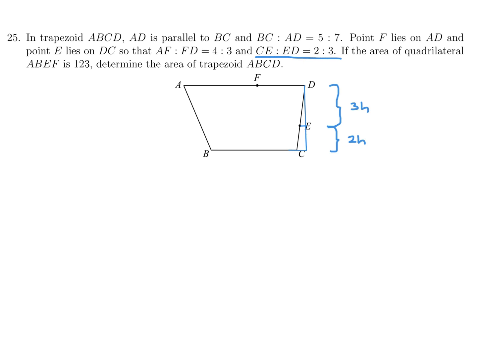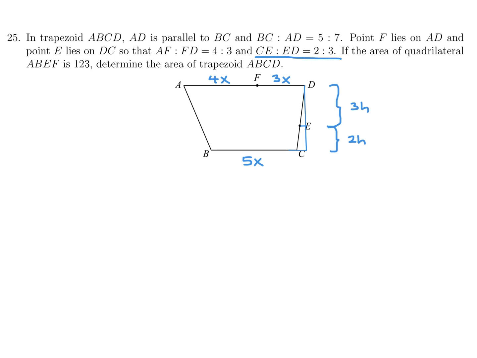And then similarly, AF to FD is 4 to 3, so I'll just call it 4x and 3x. And therefore that whole thing is 7x. And then BC to AD is 5 to 7. Well, since that was 7x, this will just be 5x. Okay, I think that's pretty good.